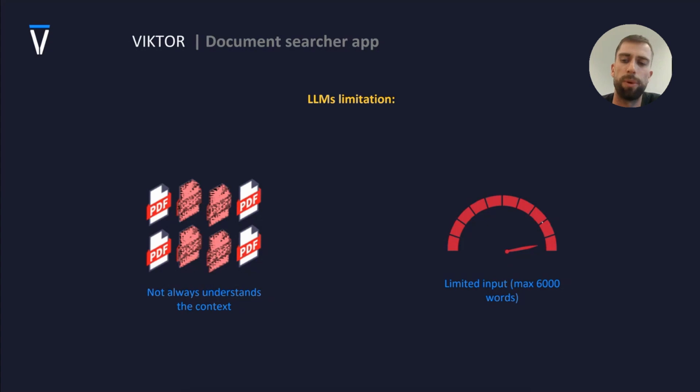In our example, we have this document which has maybe thousands of pages. But we can only enter a maximum of 6,000 words at a time, or 12 pages approximately. And actually, it's not possible to enter the whole document and ask a question about it.